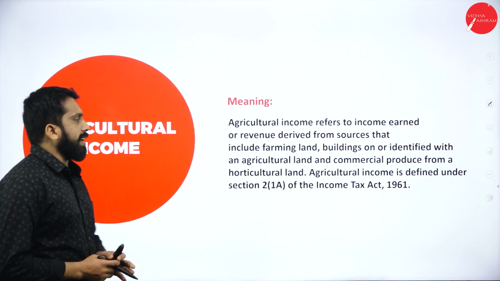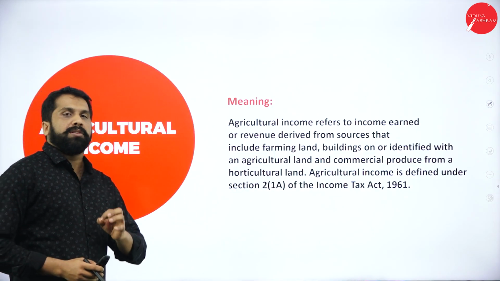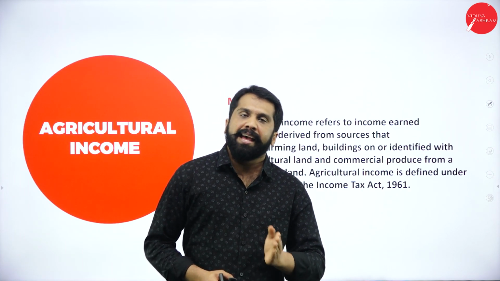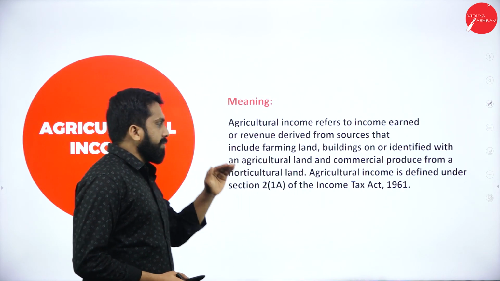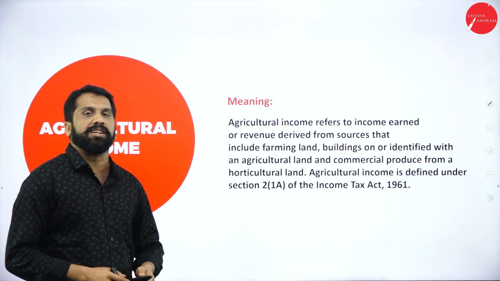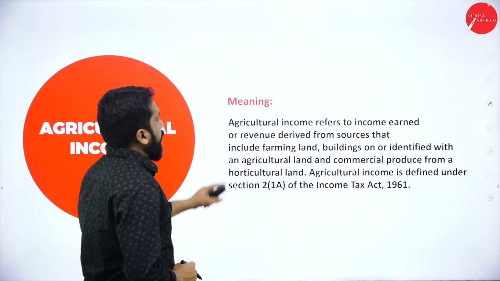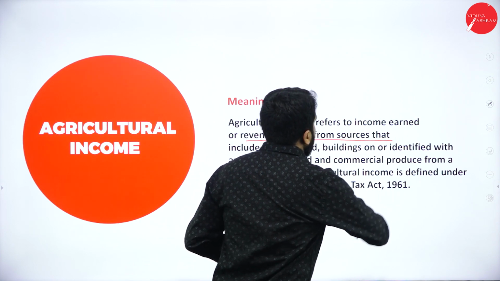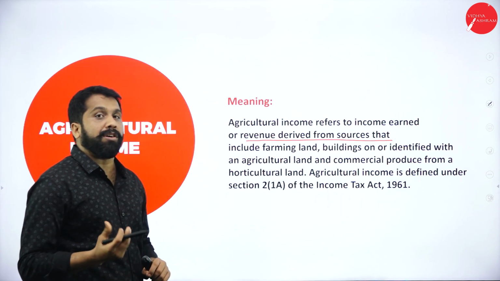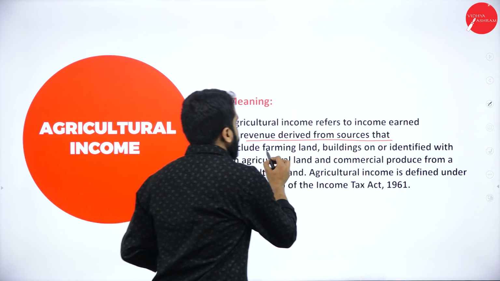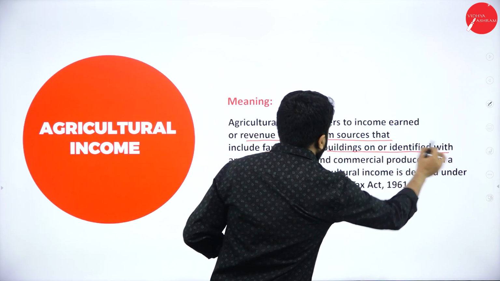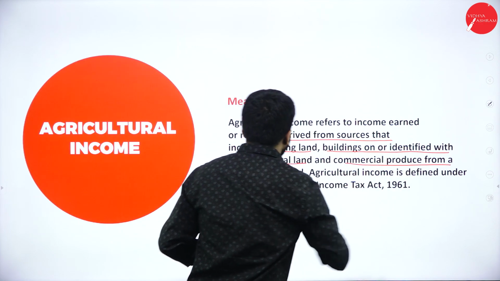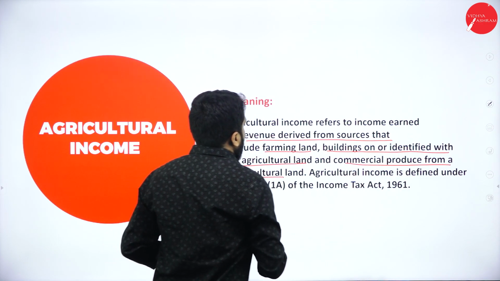Agricultural income. Again, as I told you, it is a 10-mark question. You have to mention what you mean by agricultural income, and along with that, write which things come under agricultural income. Agricultural income refers to income earned or revenue derived from sources like farming land, buildings identified with agricultural land, commercial produce from agricultural land, and horticulture.